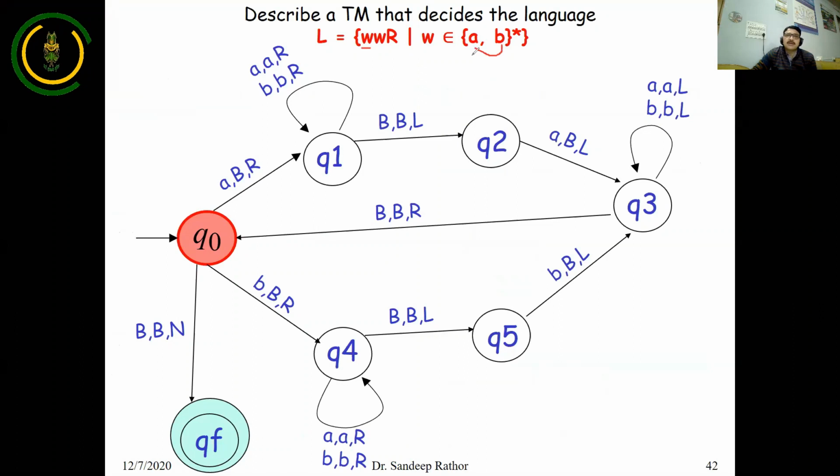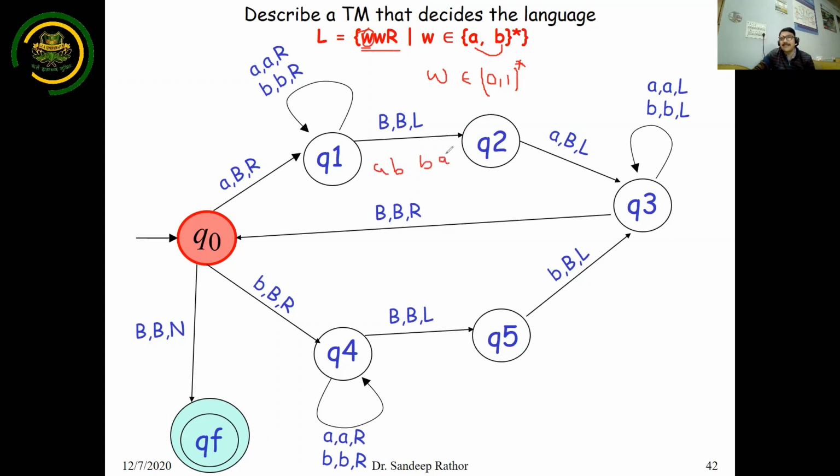If anyone asks you to design a Turing machine for WW reverse, where W belongs to 0, 1, it is the same kind of problem. Just in place of A, put the value 0, and in place of B, put the value 1. That will be the same machine, right? If W is AB, then W reverse must be BA.